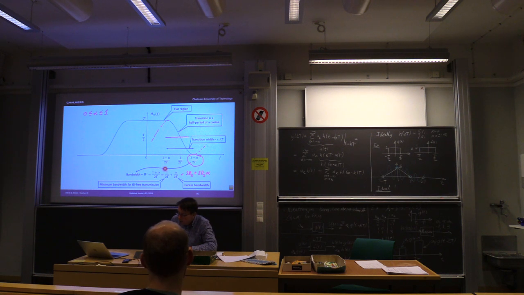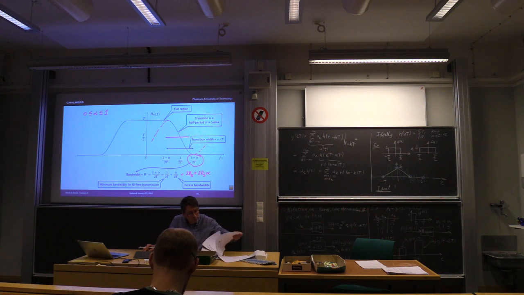So this is the smallest bandwidth we need for intersymbol interference-free transmission, while this is the extra bandwidth that we use. Okay, so the latter here is called the excess bandwidth, and the amount of excess bandwidth clearly depends on alpha. So by increasing alpha a little bit, we sacrifice a little bit in bandwidth to get intersymbol interference-free transmission.